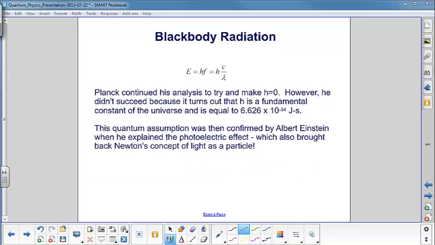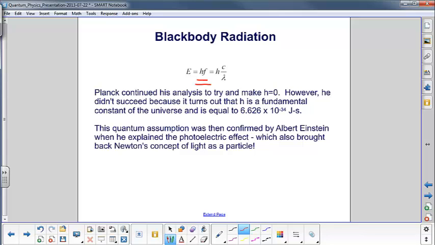There's another way to show this wonderful equation. Energy equals hf, but frequency, as we showed earlier in the course, is equal to the speed divided by the wavelength, and since we're talking about light here, the speed is c. So E equals hf, or hc over lambda. Now Planck kept working on his analysis, hoping that he could make h equal to 0, because this was such a radical concept.